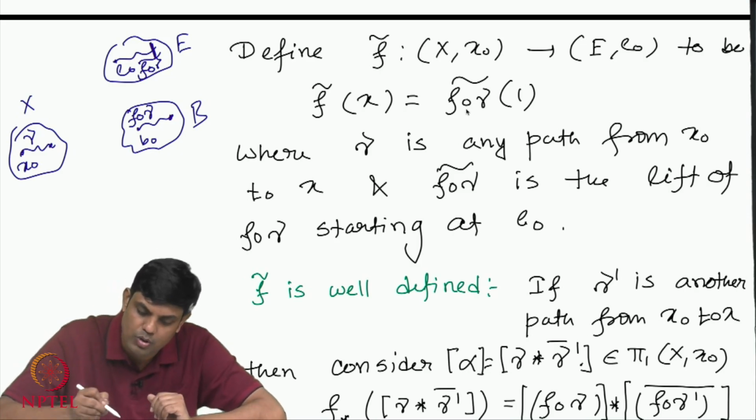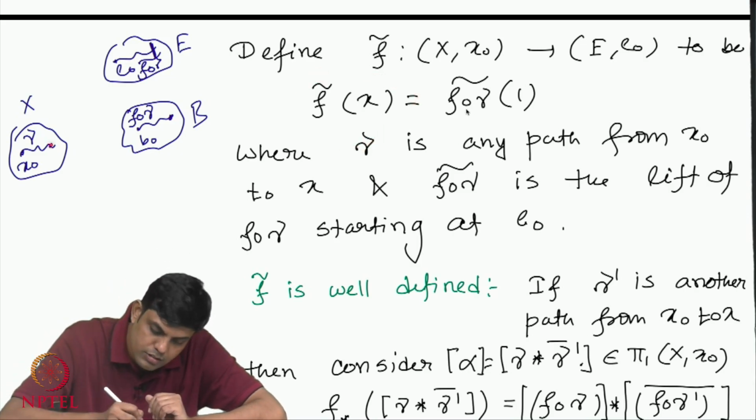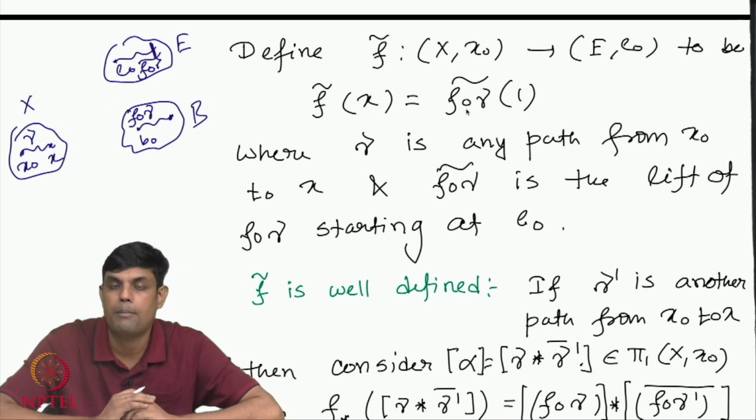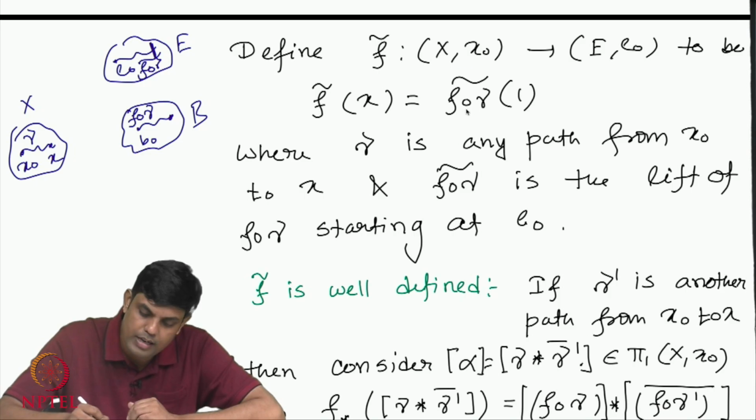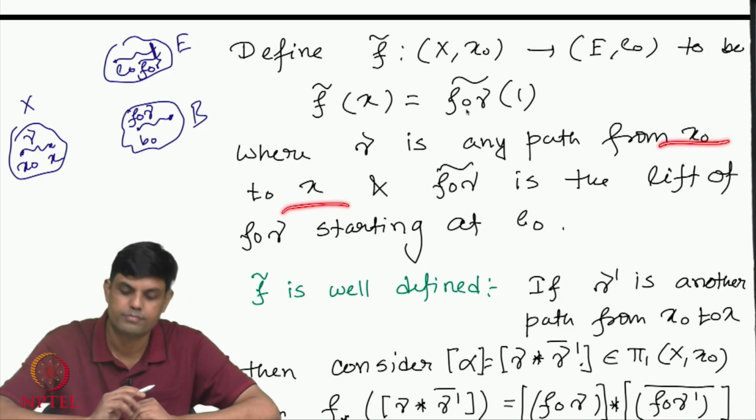So, F tilde of X should go to (F composition gamma) tilde of 1, where gamma is any path from x0 to x.